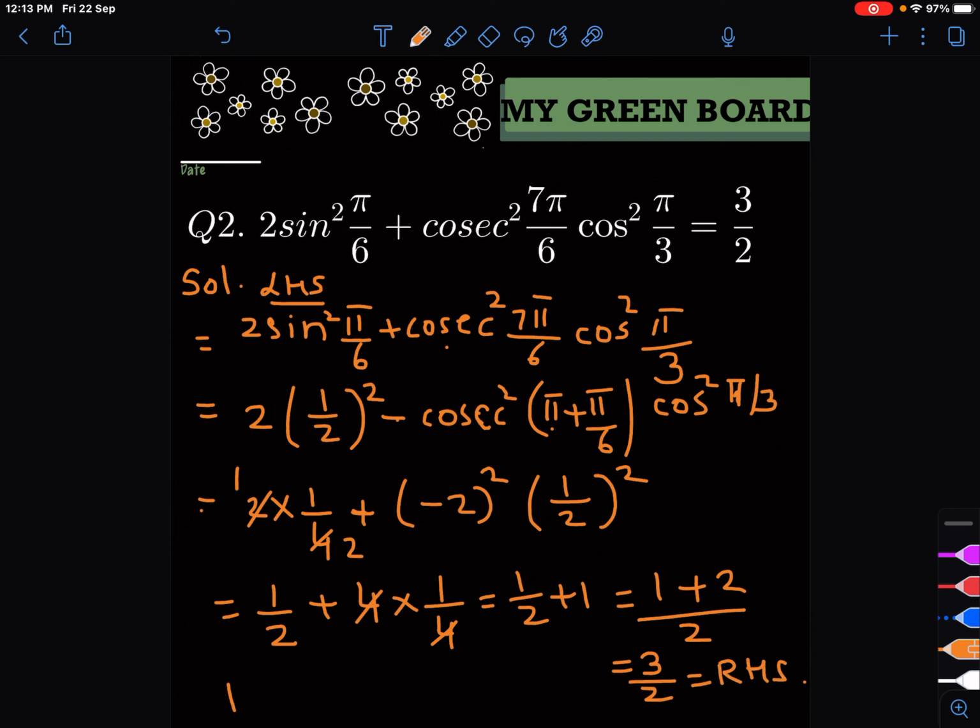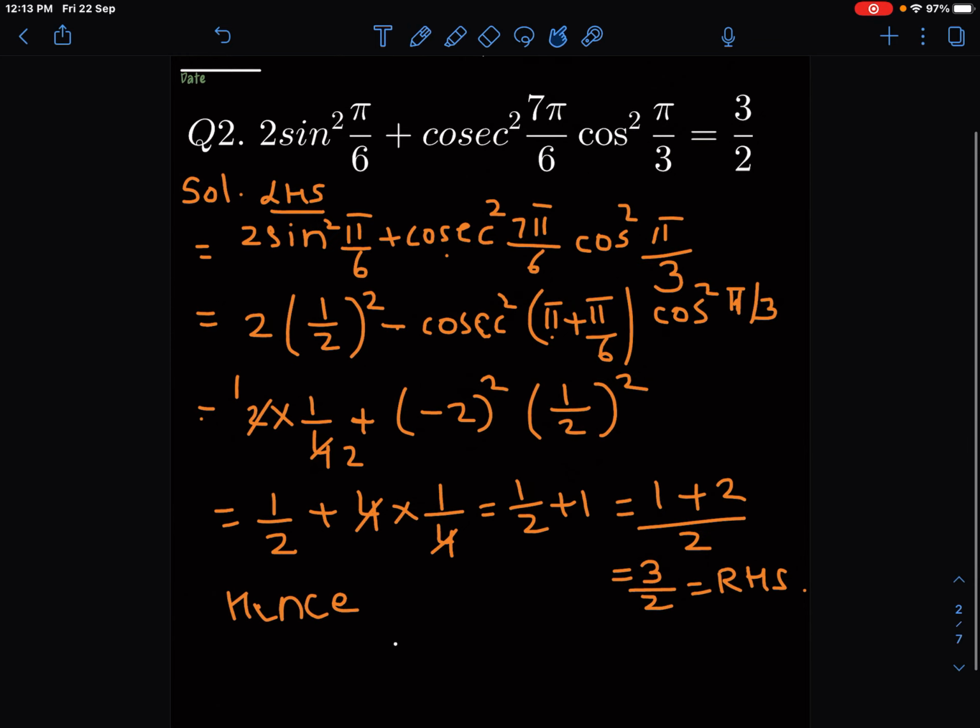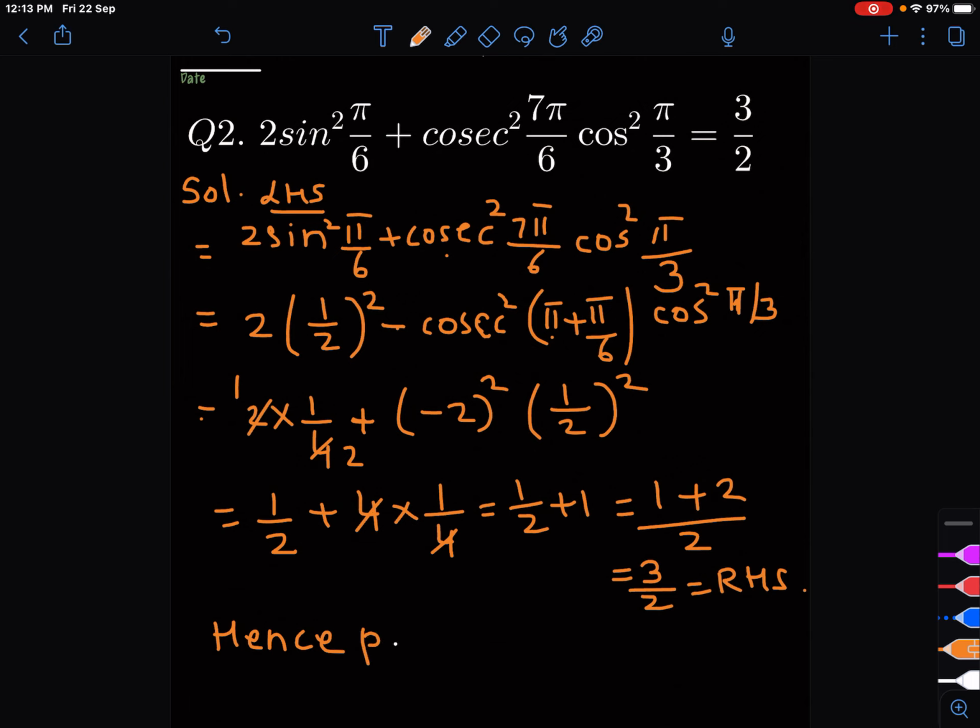Hence proved. This statement you need to write after you have proved LHS equals RHS. Understood? Any doubts, children? Any doubts?